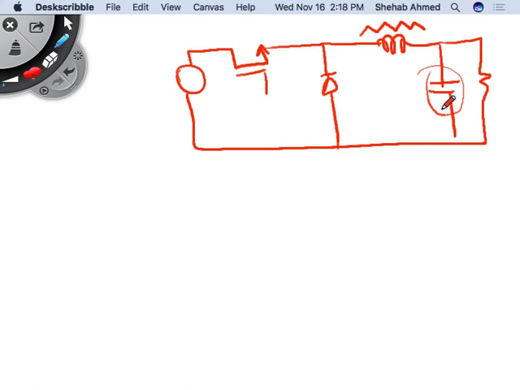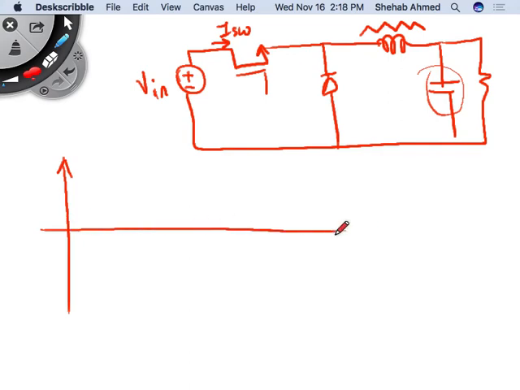The same thing applies to the input. By the way, here this is a battery. What does the switch current look like? When the switch is on, it's the inductor current.